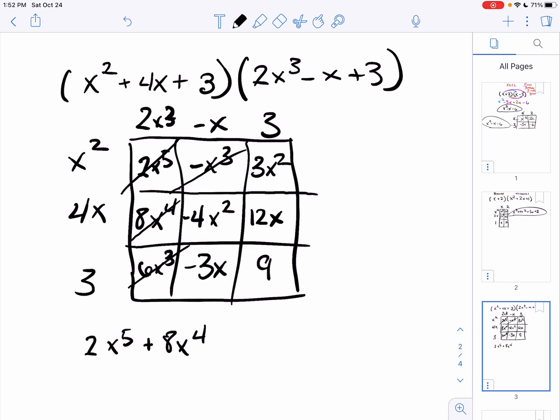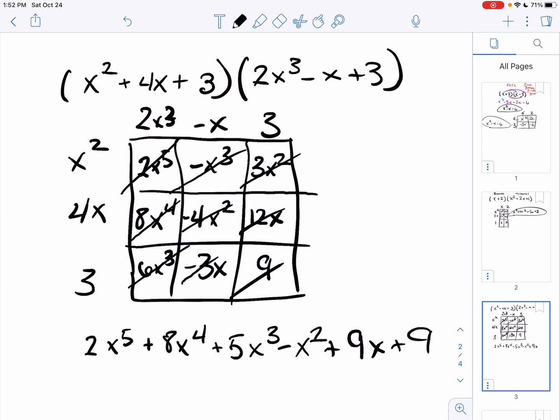Add those together, I get 5x to the third. My squared terms, I have negative 4x squared and 3x squared. I get negative x squared. My x terms, I have 12x and negative 3x, so that will give me 9x. And then my constant is 9. And that is my multiplied answer.